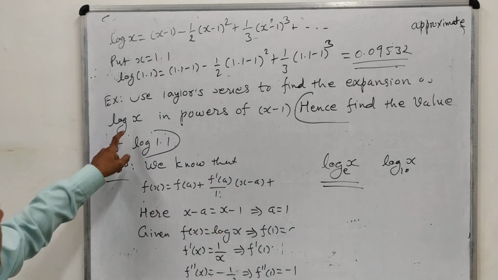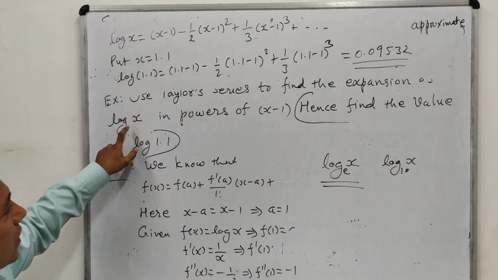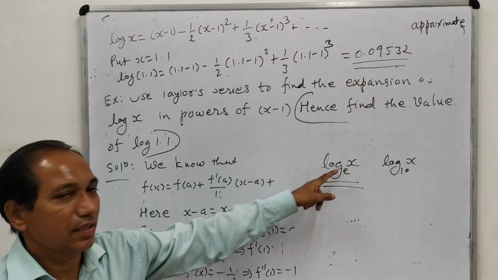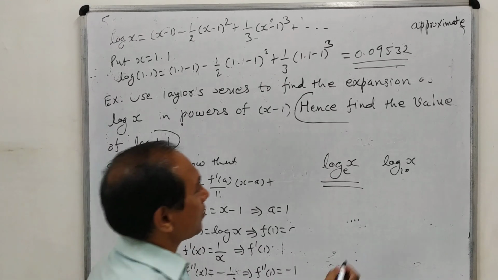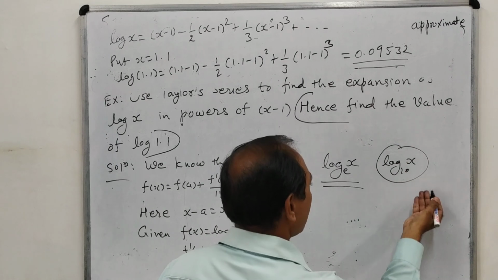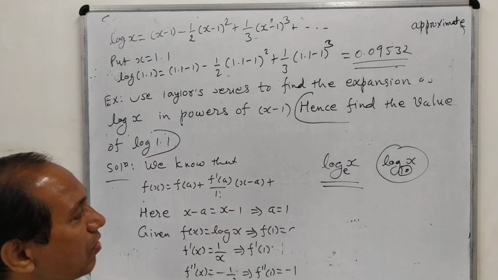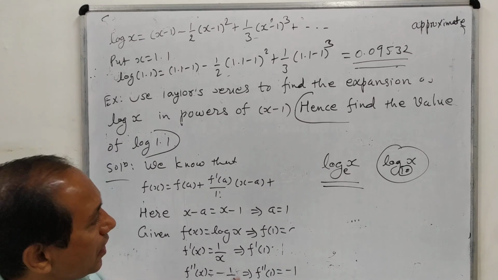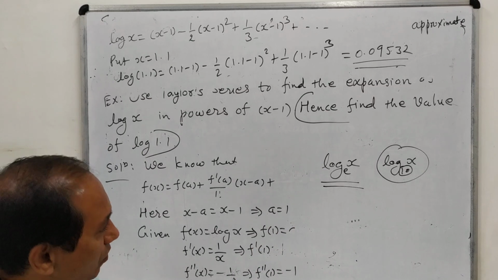So here its base is not given, so its base is by default e. And if it is other than e, then it must be given in the example. If it is 10, then it must have been given as log of x base 10. If it is not given, then by default it is e.